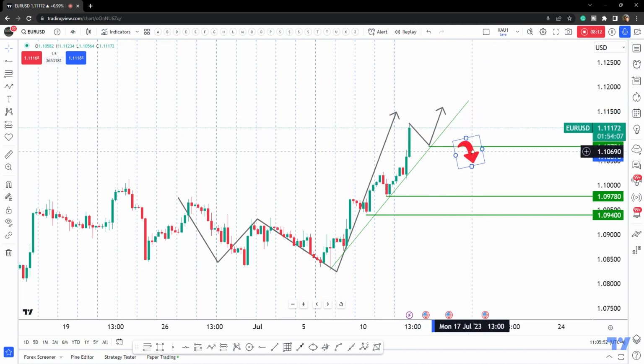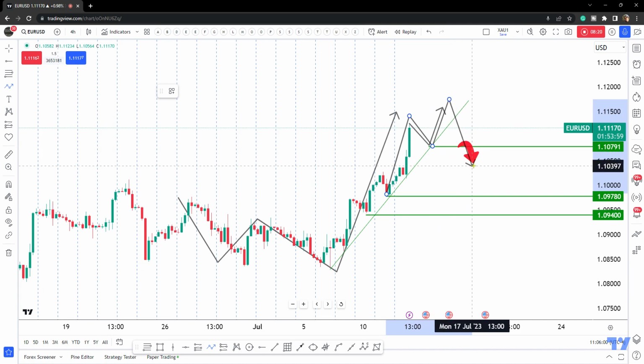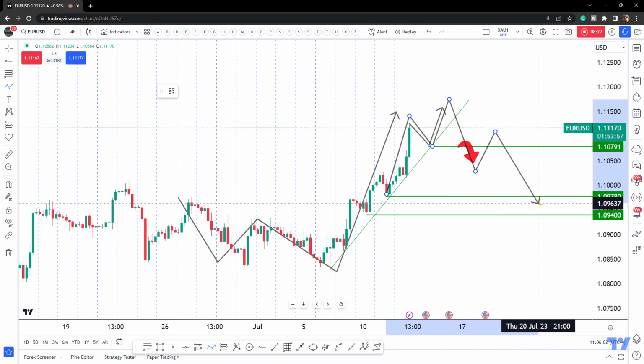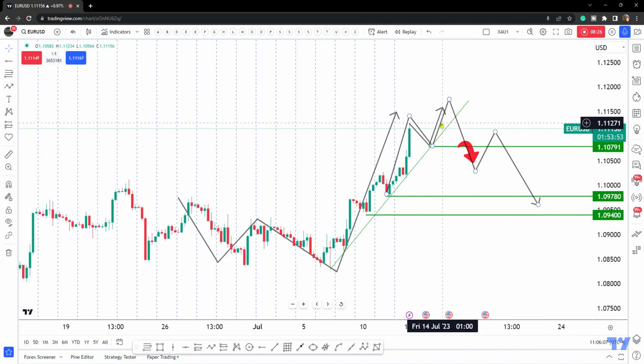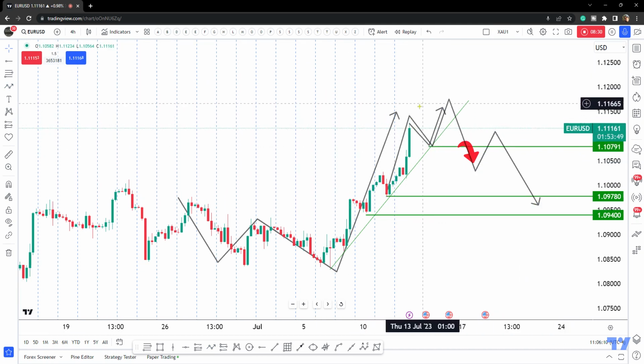We'd want to see a break of that to confirm that this market is decelerating and a change of character for the move lower. But all of that's going to play out over time. We need to see the close of today and tomorrow.